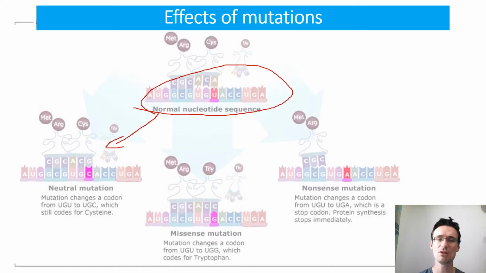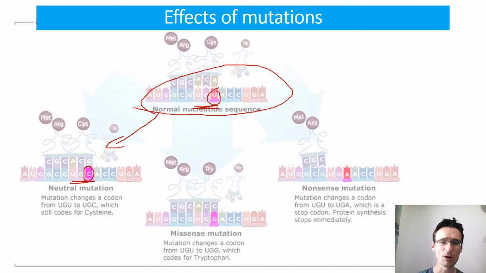The organic base changes, in this case from a U up here to a C, but it just so happens that UCU, the original triplet or codon along the top, codes for the same amino acid as UGC. So even though you've changed the codon, it still codes for cysteine. Therefore it's a neutral mutation because it's had no effect whatsoever.